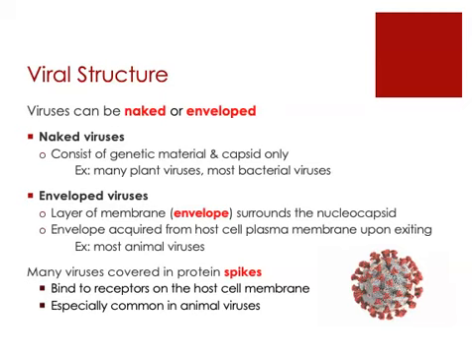The envelope is actually not of viral origin. The envelope is actually acquired from the host cell, from the plasma membrane of the host cell, when that viral particle exits. Now we'll talk about how a viral particle exits a cell a little bit later on.